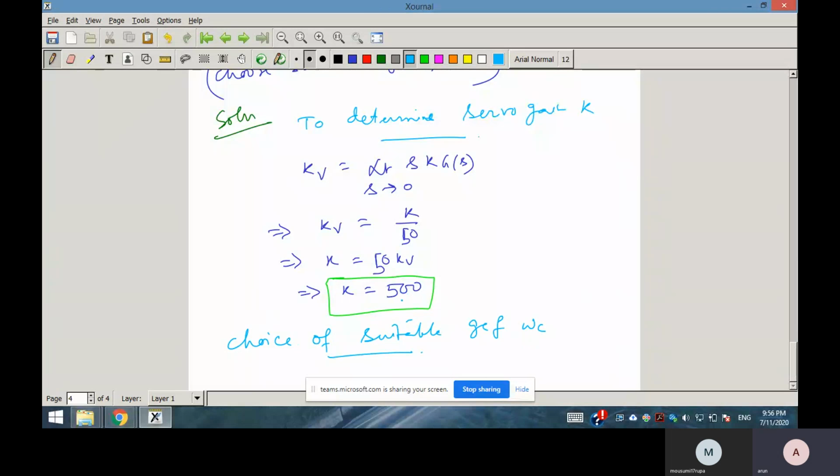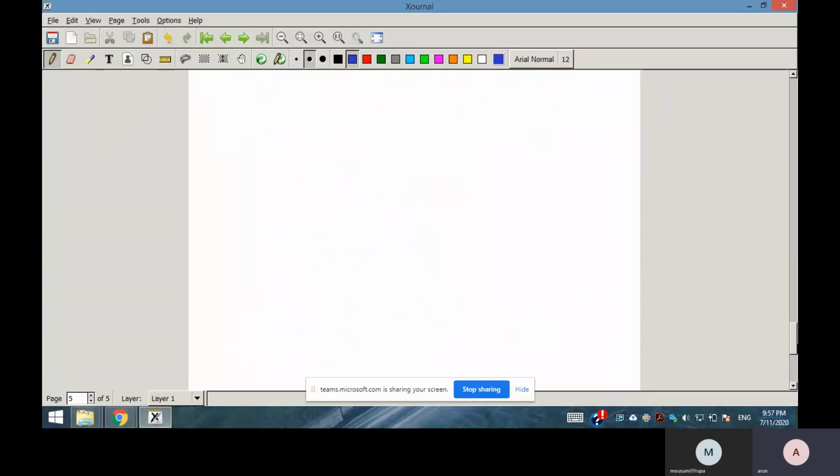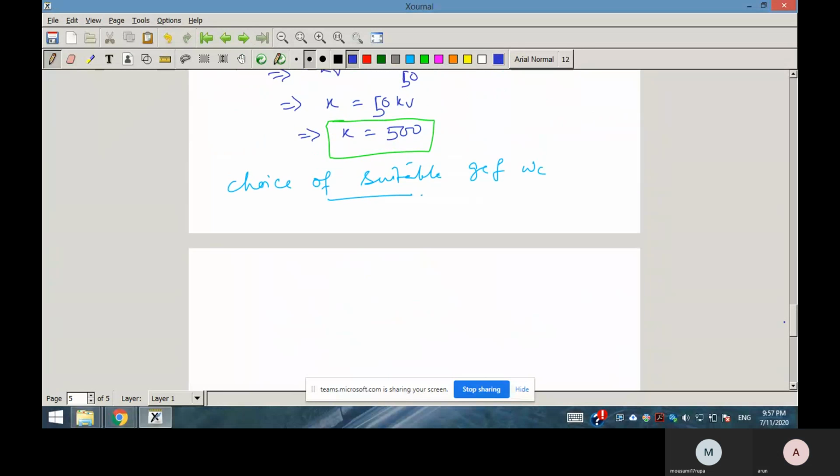You will obtain the gain phase data for different frequencies, the gain phase data of the uncompensated system. Uncompensated system means K into G(s) for different frequencies. Suppose I am just giving a table of that data.